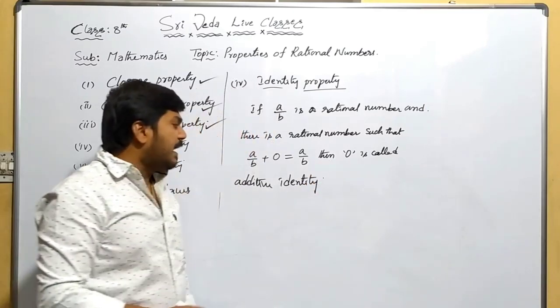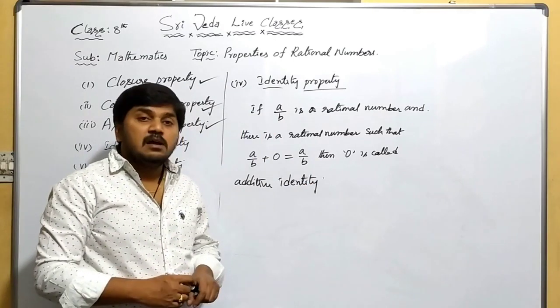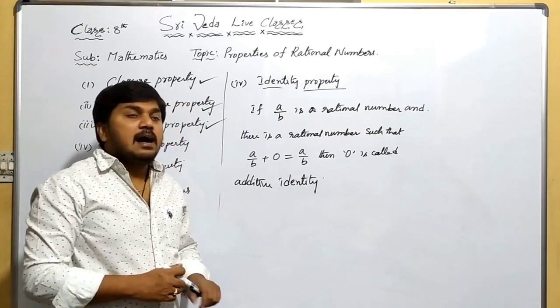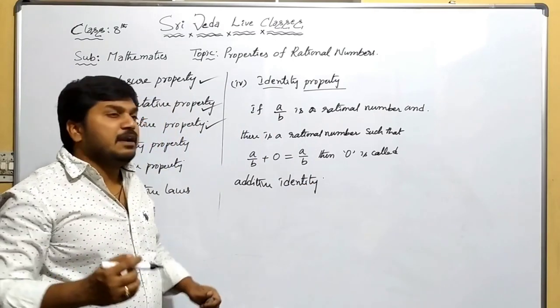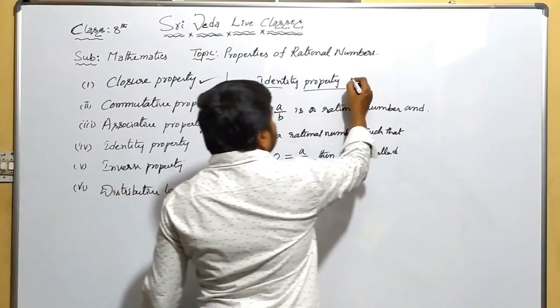So additive identity, you just observe this. Identity means under addition. Identity property under addition.